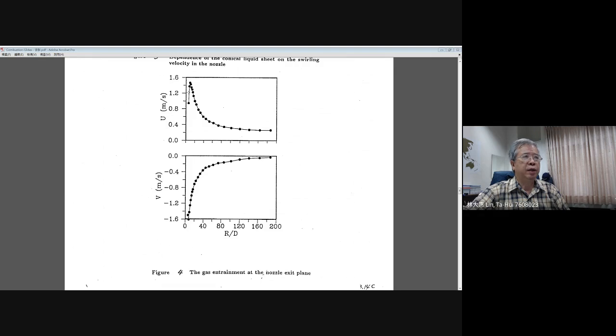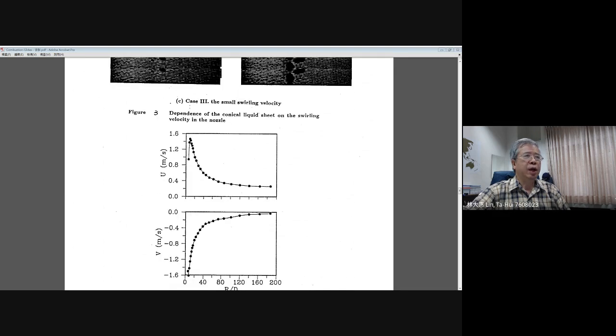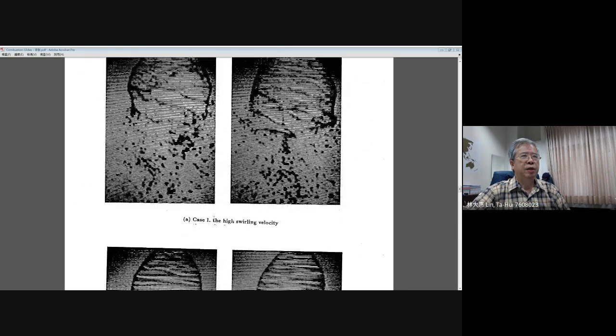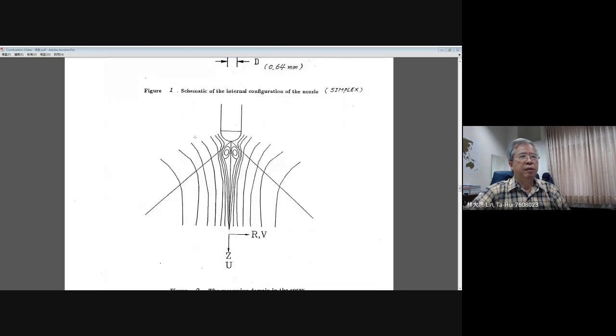Later on, I will show there is a recirculation zone, right? From the beginning, I already mentioned this is the flow structure you may have for the simplex nozzle, since they have some swirling motion. The circumferential force will produce some force to expand the spray, and also they will have some air coming in and traveling in, and those kinds of swirling motion will produce a pair of recirculation zones.